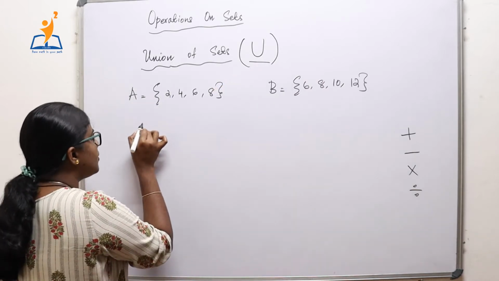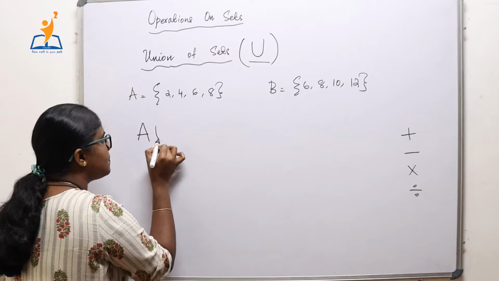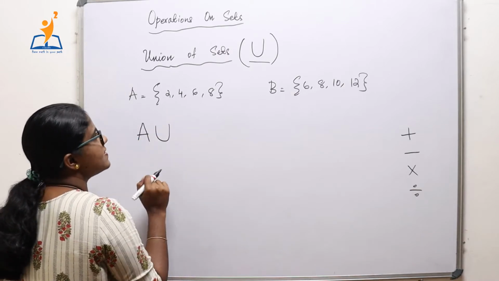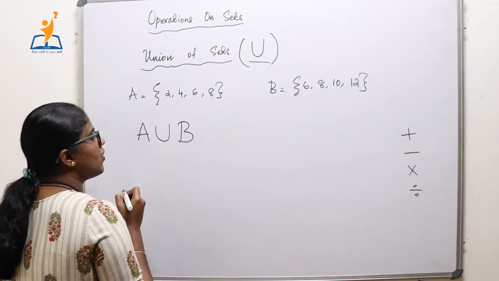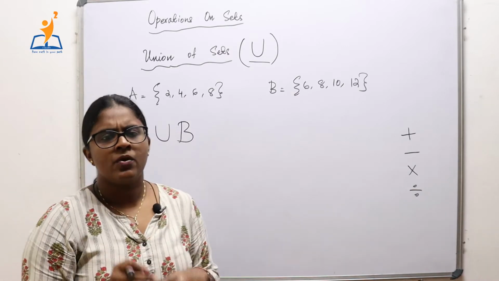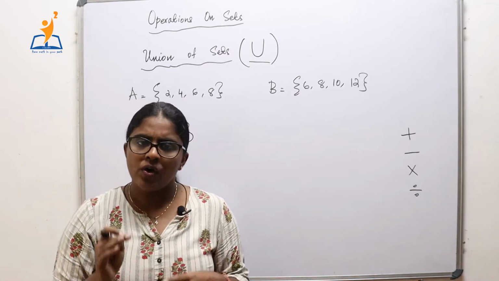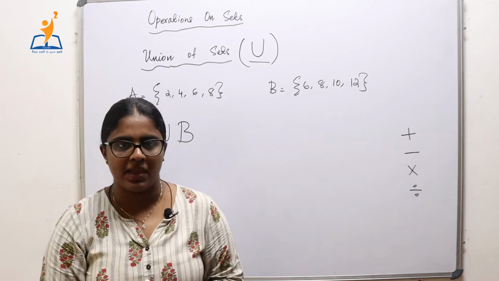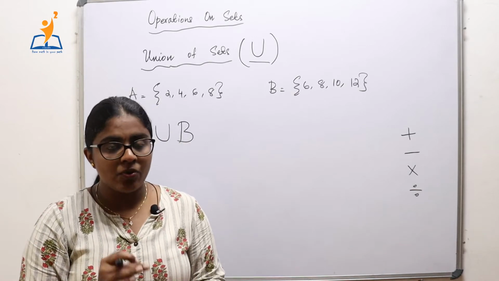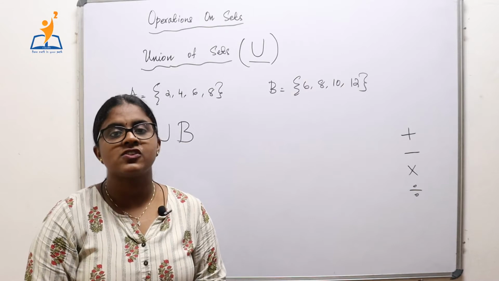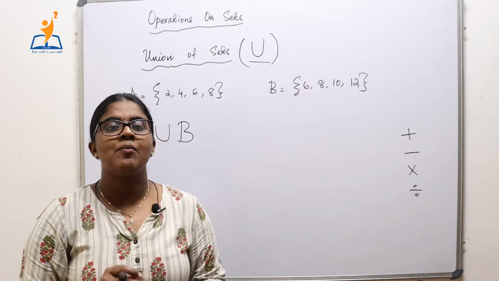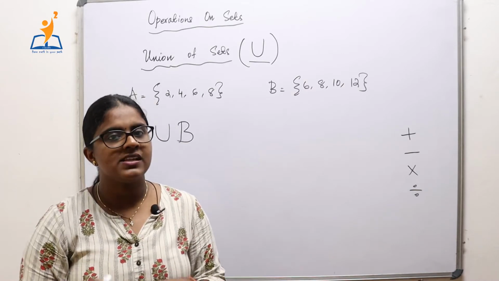Now we are going to take the set A union, the symbol of union is this, B. So we are going to take A union B. What is A union B? Or how will we find A union B? A union B is the collection of all the elements from A and B.